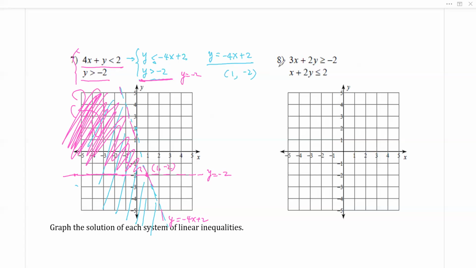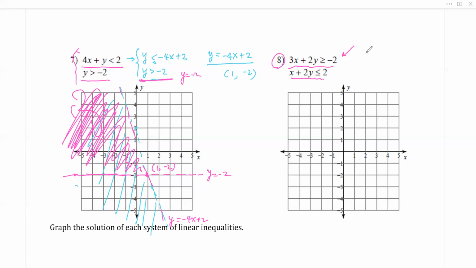Not the last one, I think there's one more a little bit on the bottom. Let's see number 8. First, these two lines use the standard method, ax plus by greater or equal than c. You can definitely do it this way: pick any two dots that match the equation.